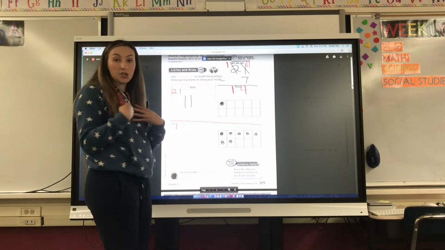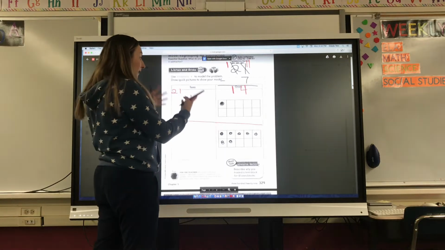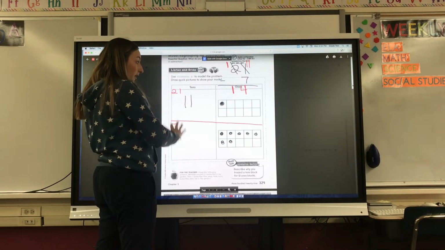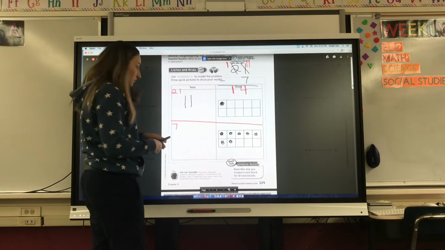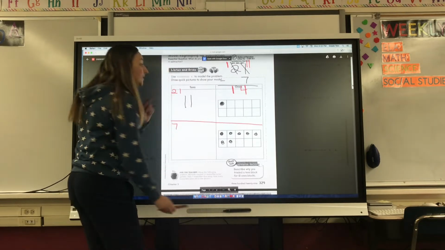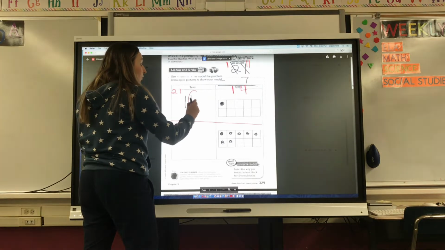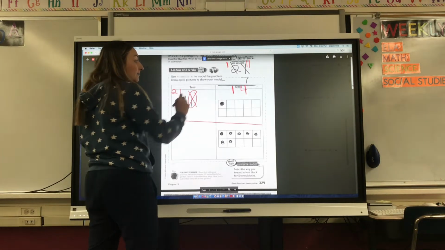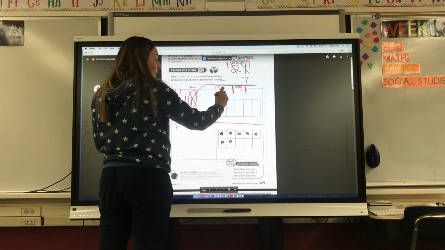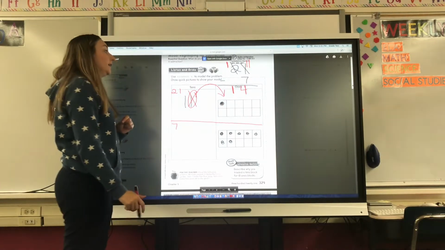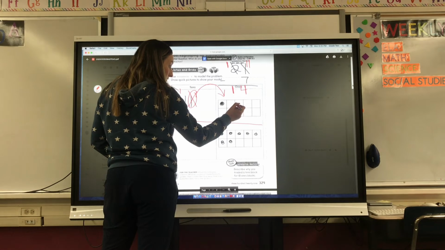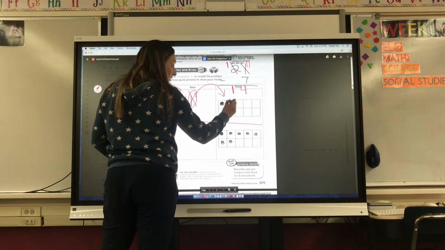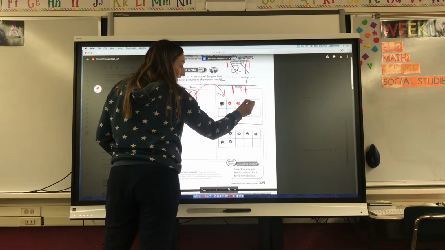So I need to show my answer in our 10s and our 1s. So if I only have 1 10 left, I'm going to circle 1 10 and cross it out, right? Because I moved my 10 over. Yes? Okay. So if I moved my 10 over, that means I have 10 more 1s. So I'm doing all my 10 1s in red.